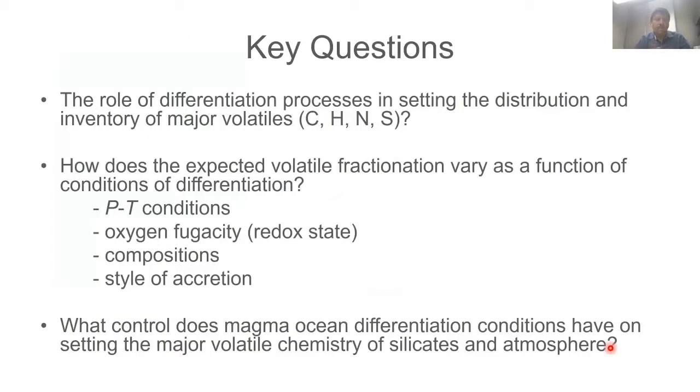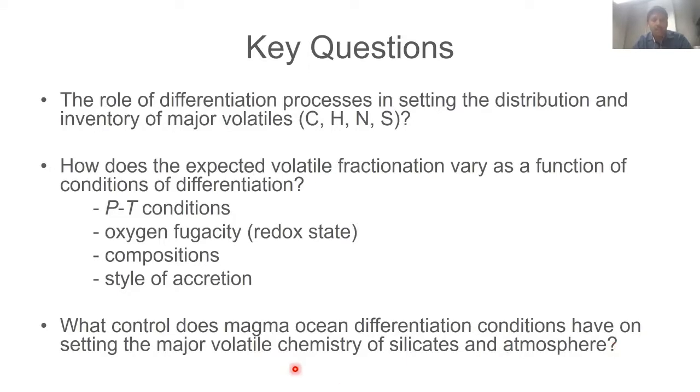Through constraining these parameters, we can try to address some key questions. What is the role of the differentiation process in setting the distribution and inventory of major volatiles in rocky planets? How does the expected volatile fractionation vary as a function of the conditions of differentiation, such as pressure and temperature, redox state, composition of the planet or its mantle, and the style of accretion?